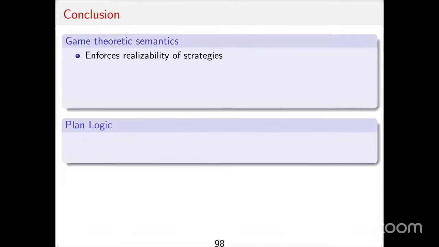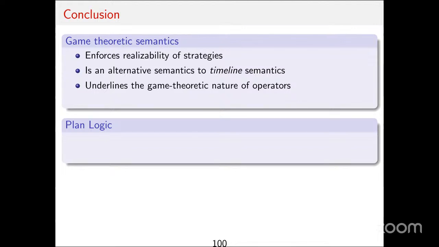In conclusion, I've shown you a game theoretic semantics for realizability strategic reasoning. It's an alternative to the semantics of timeline for strategy logic. We have the operators that are players in the game, and we have a two-exponential complete model checking.